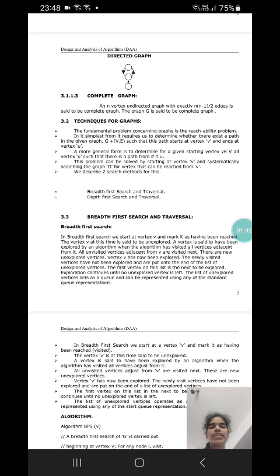Next, techniques for graphs. The fundamental problem concerning graphs is the reachability problem.